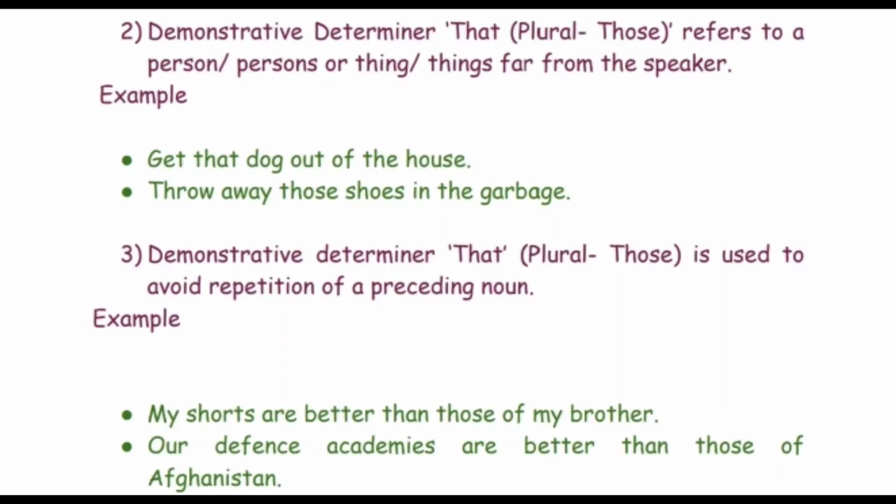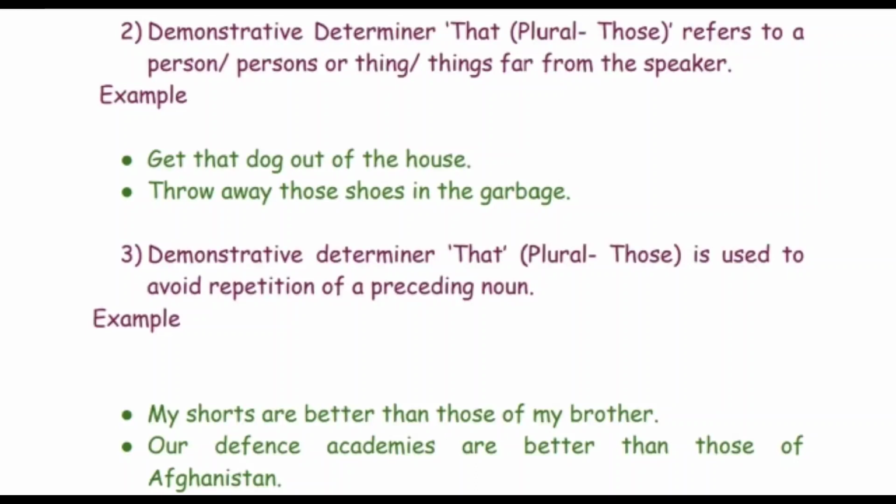Here, those is just an effort to avoid the repetition of the noun shorts, because if those had not been used there, then we would have said my shorts are better than the shorts of my brother. In that case, there would be repetition, so to avoid that repetition, we have used those. In the same way, our defense academies are better than those of Afghanistan. So that and those both are used in this sense also.